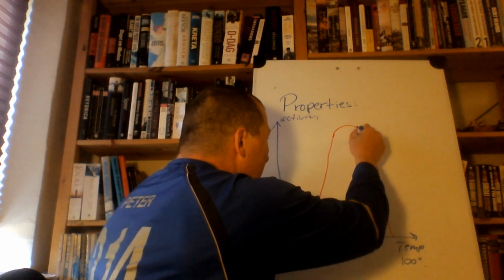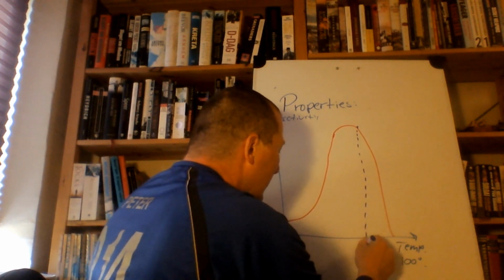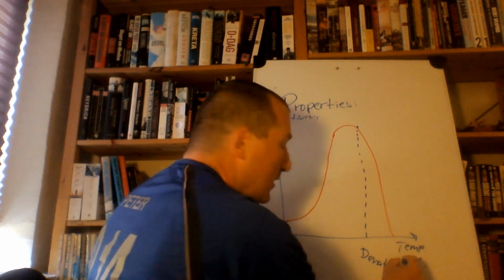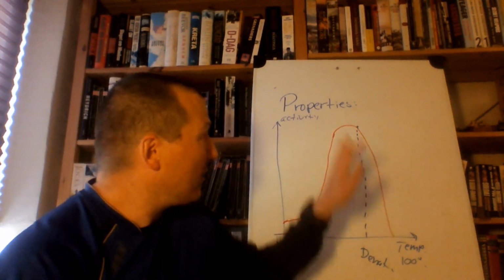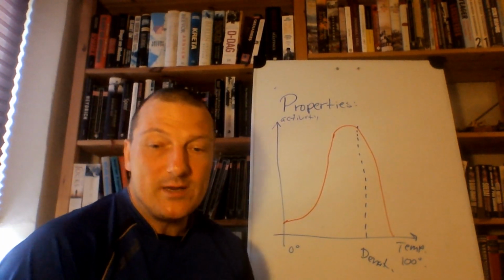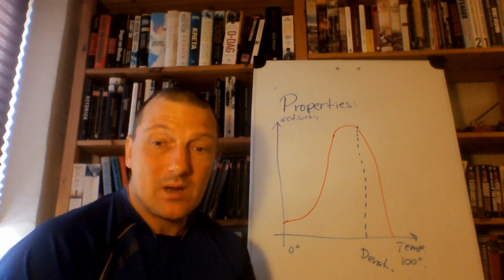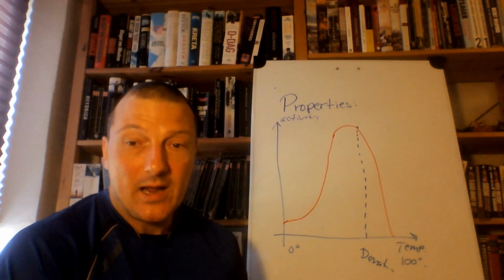This is the temperature here where this protein denatures. And in most humans, we know our enzymes tend to work really well around body temperature, but if the temperature gets a lot higher, it will break down.